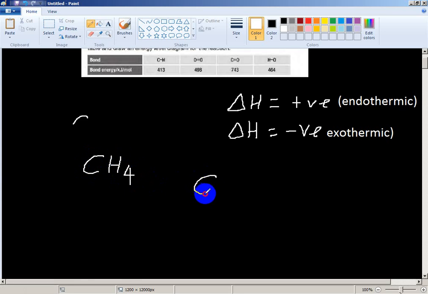Here there are bonds, 4 bonds, carbon hydrogen bonds. Okay, how many bonds here? What type of bond? Carbon hydrogen bond, carbon hydrogen bond, carbon hydrogen bond, carbon hydrogen. There are 4 carbon hydrogen bonds.